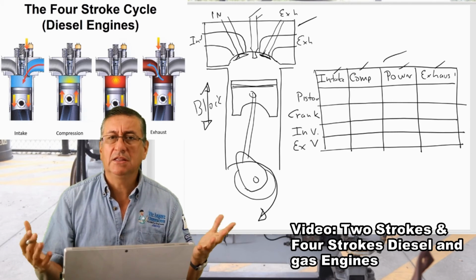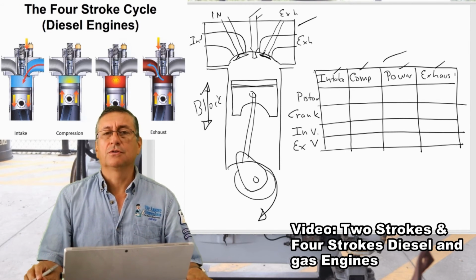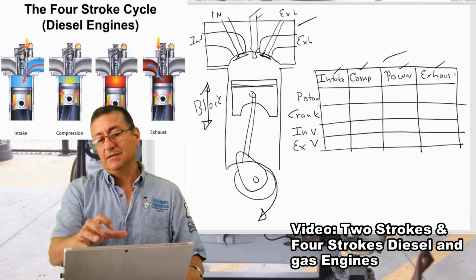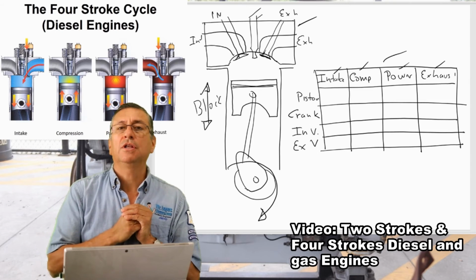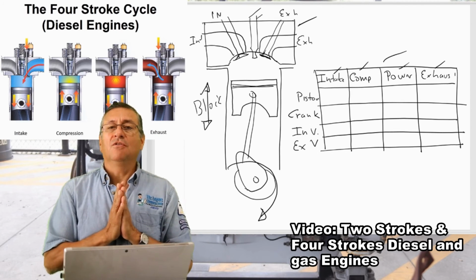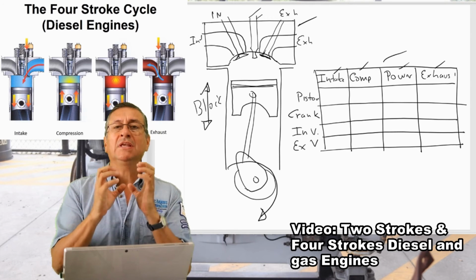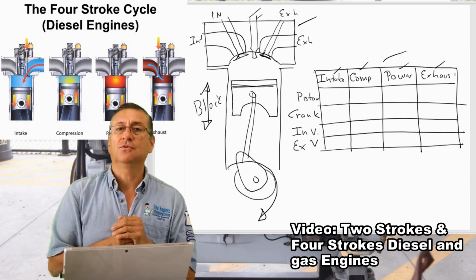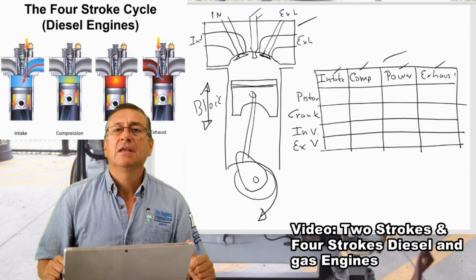I need you to follow me, and at the same time follow the table that we are going to fill in order to understand the meaning of four strokes. After that, with the same concept, I am going to explain the meaning of two strokes for gas and diesel.